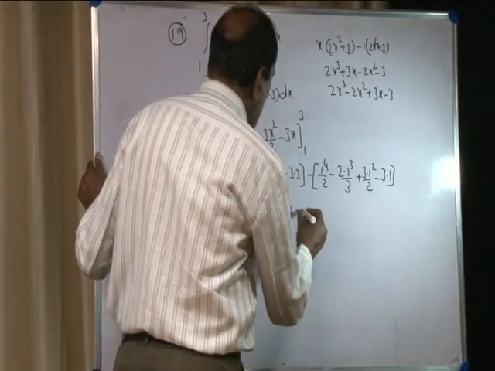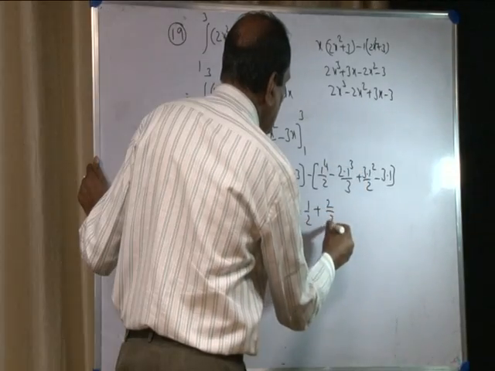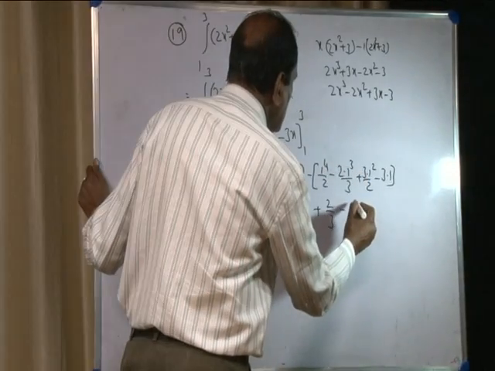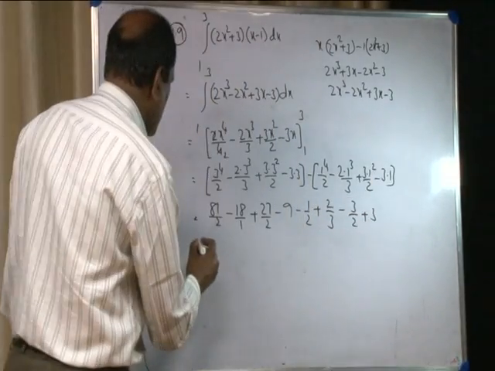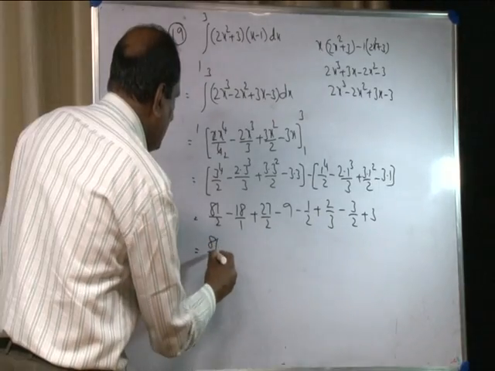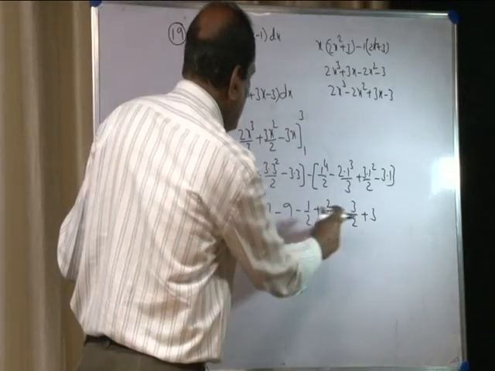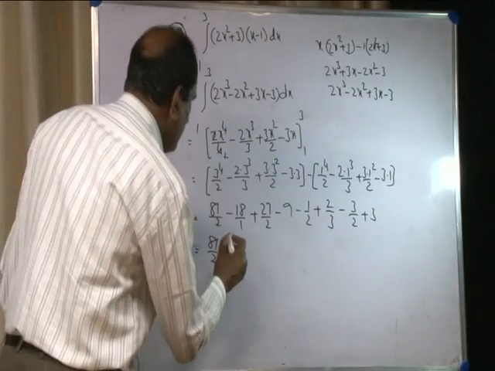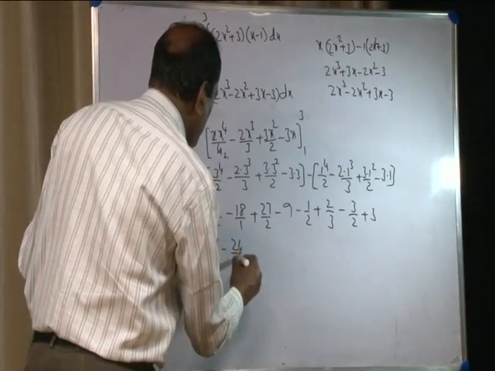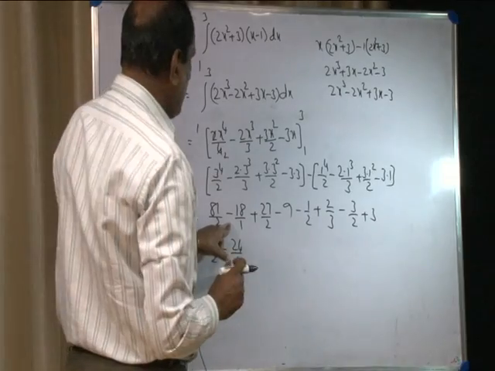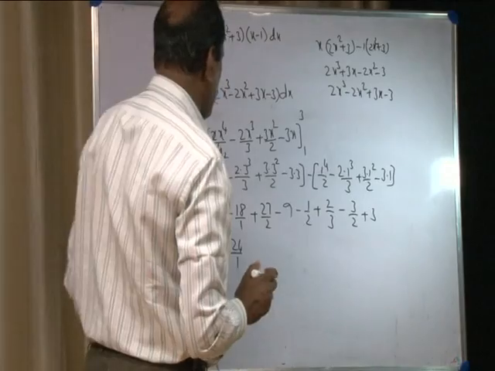Then minus 1 by 2, plus 2 by 3, minus 3 by 2, plus 3. So this is equal to 81 by 2 minus 18 plus 27 by 2 minus 9, minus 1 by 2 plus 2 by 3 minus 3 by 2 plus 3. The whole numbers: minus 18 minus 9 plus 3, that is minus 24.